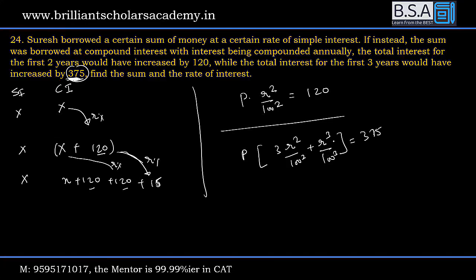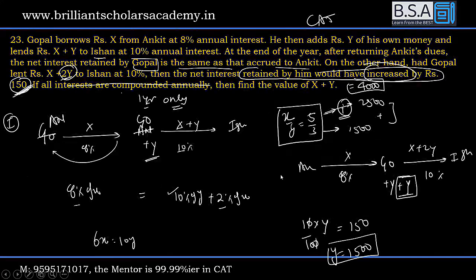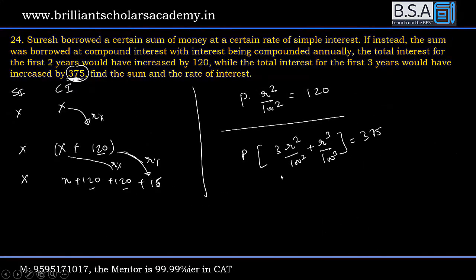You can try and solve this ratio. It has become a cubic equation, but R square will cancel. So you can find out the value of R from this. No, that one I cleaned the board. I cleaned the whole slide for that one. Can't go back to that.